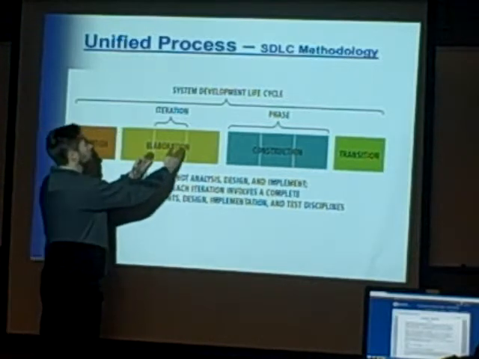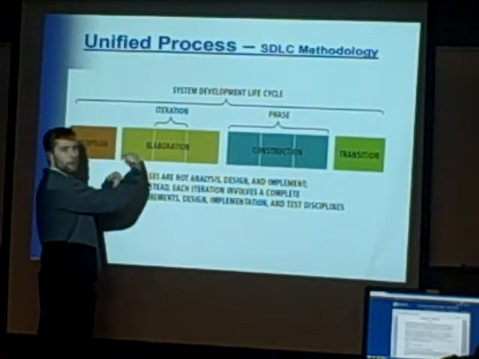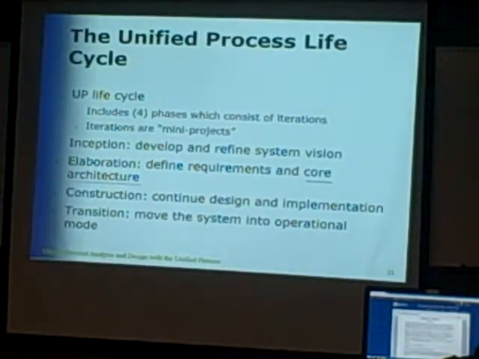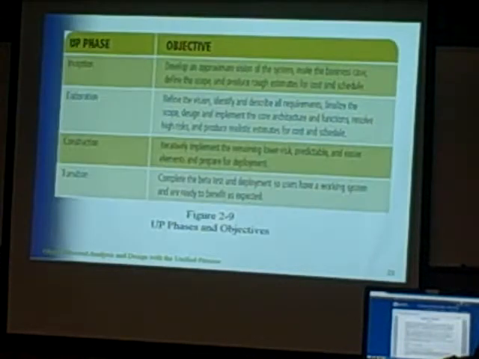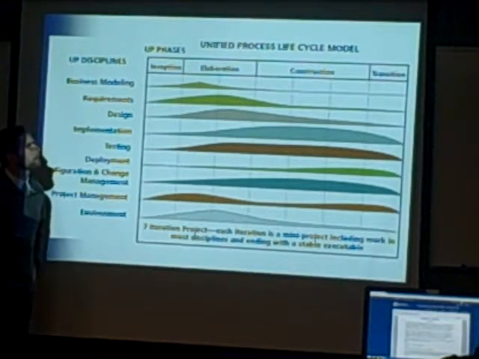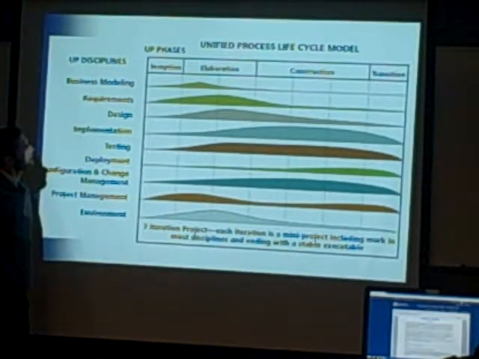However, these little boxes each represent a full cycle of the systems development life cycle, a full run of planning, analysis, and design. And here's a visual way of representing that.